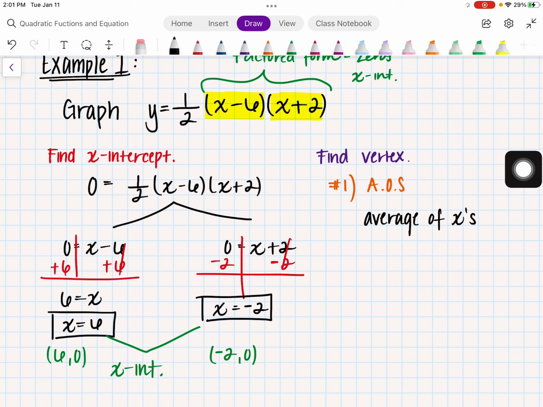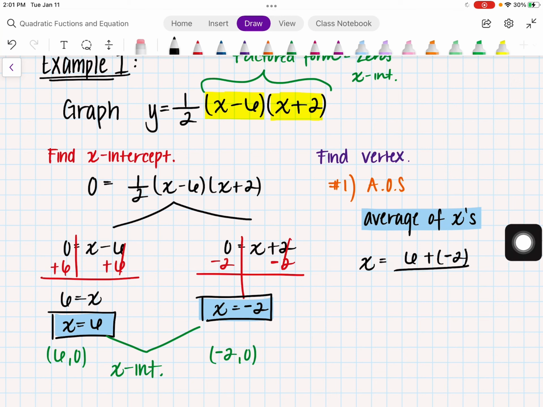And we did see this in the first lesson, 5.1. Finding the average is adding both of my x-intercepts and dividing by 2. So in this case, that's going to be 6 plus -2, just put that in parentheses, divided by 2 because there's 2 terms.